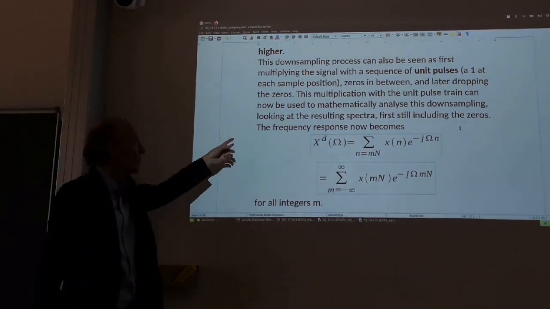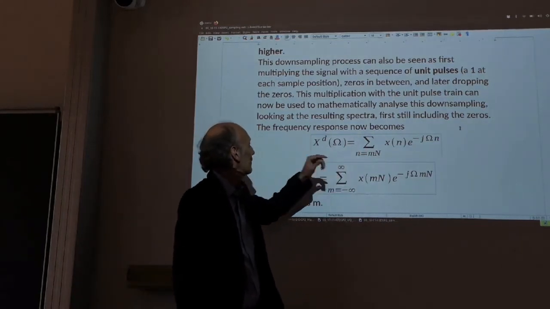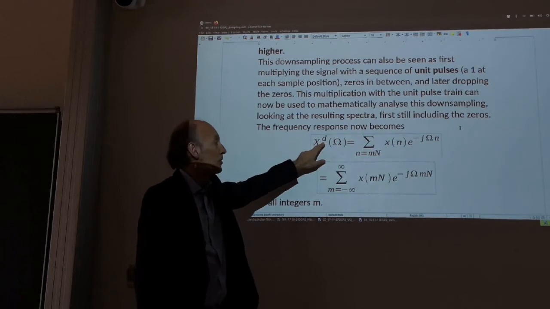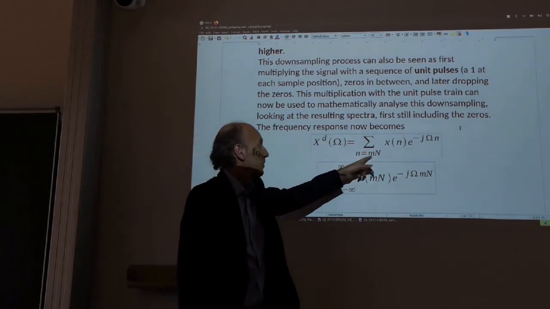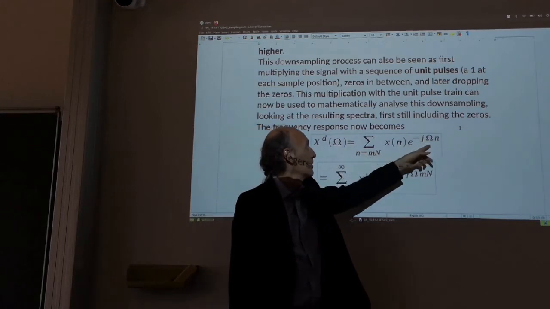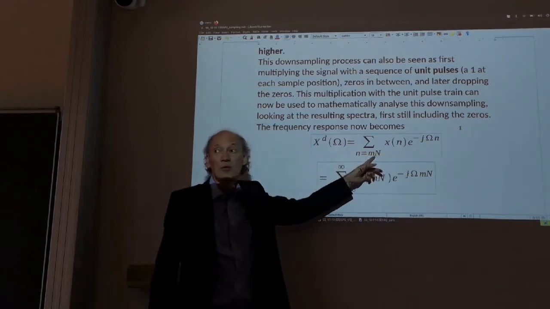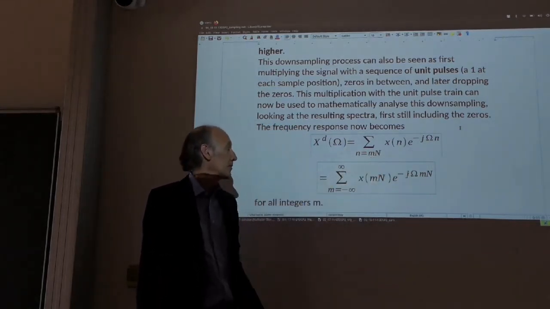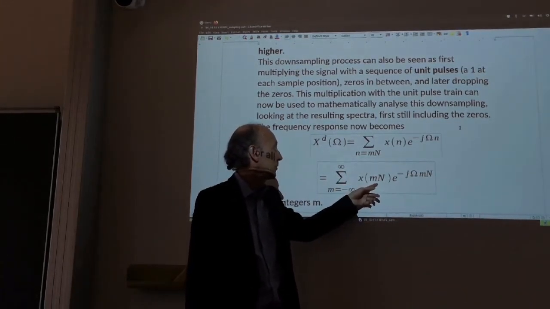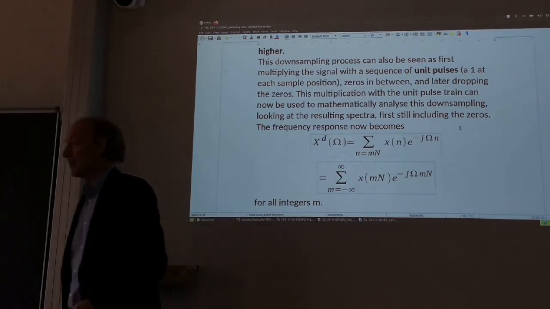So now the frequency response becomes like this. The downsampled spectrum is basically the same as before, but now we only have the non-zero ones at integer multiples of capital N. So using index substitution, this is what we did.